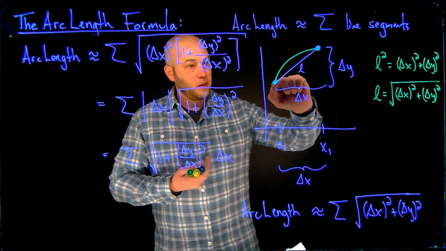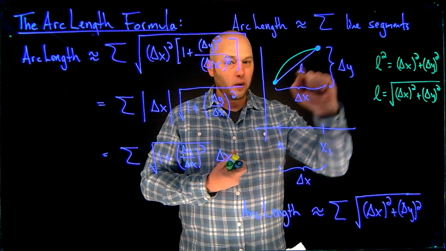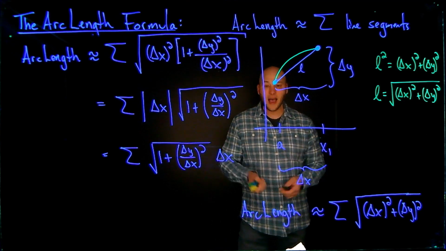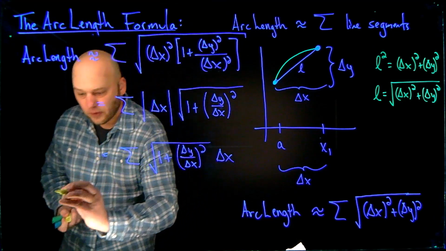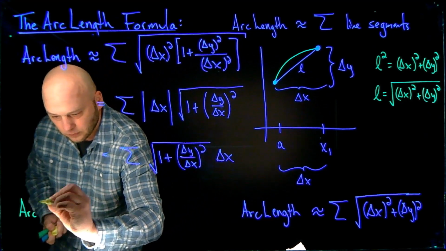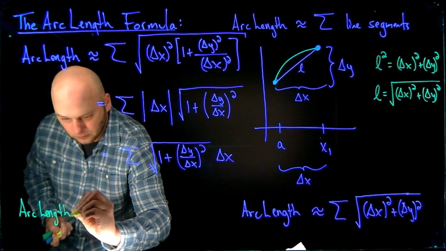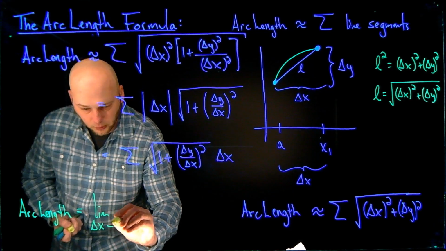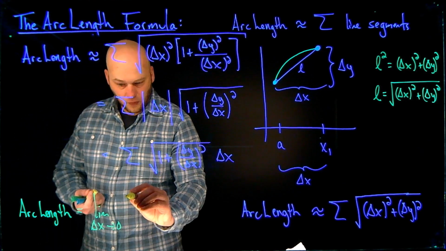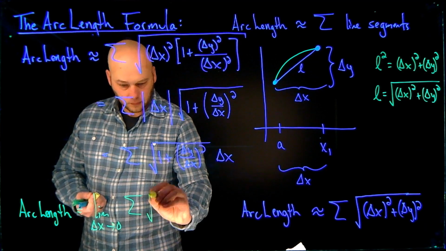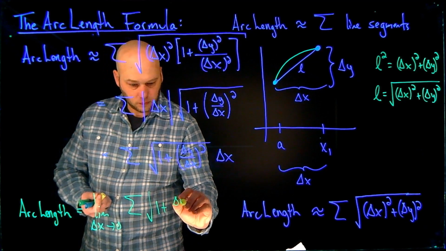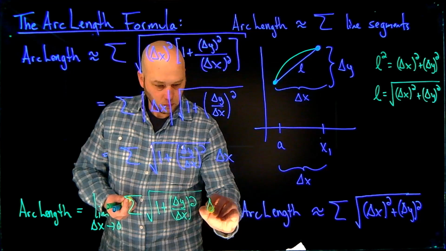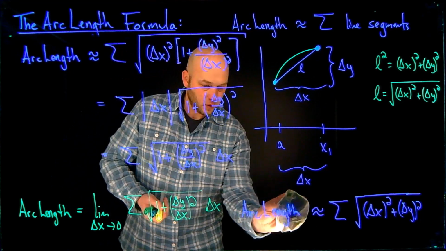So therefore, this curve would be represented by smaller and smaller straight line segments, which as delta x approaches 0 will give me the exact arc length, and therefore we have the arc length is equal to the limit as delta x approaches 0 of the expression above. Okay. And just clean this up right here.